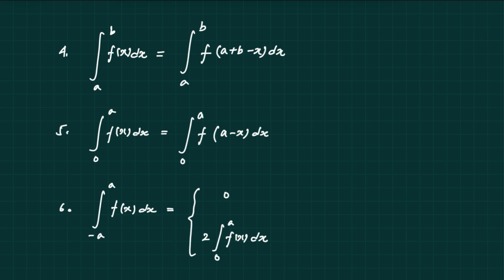The value will be 0 if the function f(x) is odd, and it will take the other value if the function is even. We will discuss what an odd function and an even function are while doing the exercises. But here in property number 6, note that my limit is from minus a to a.